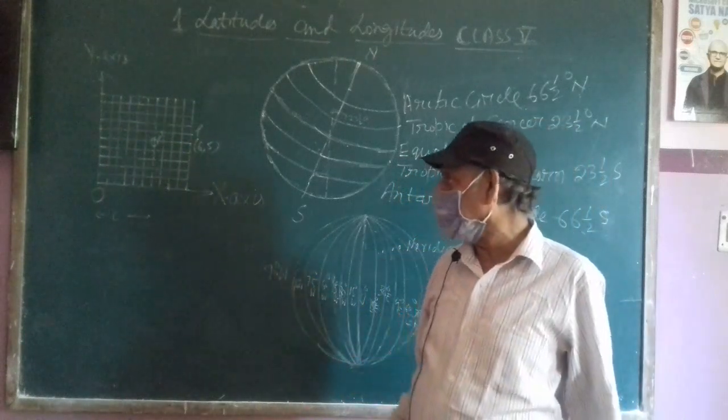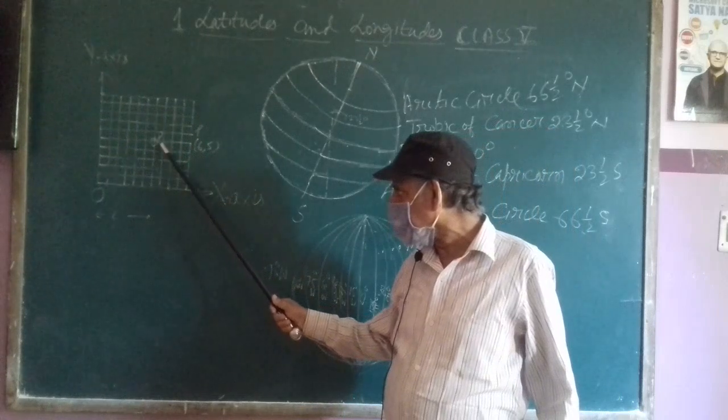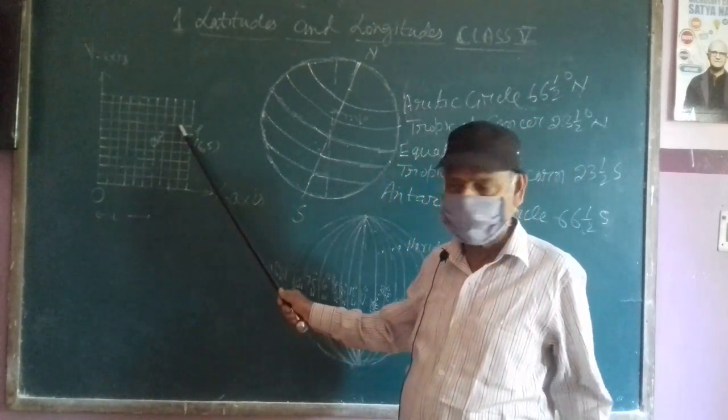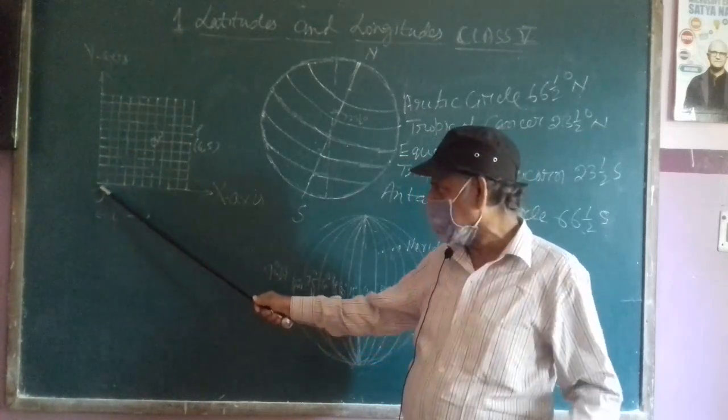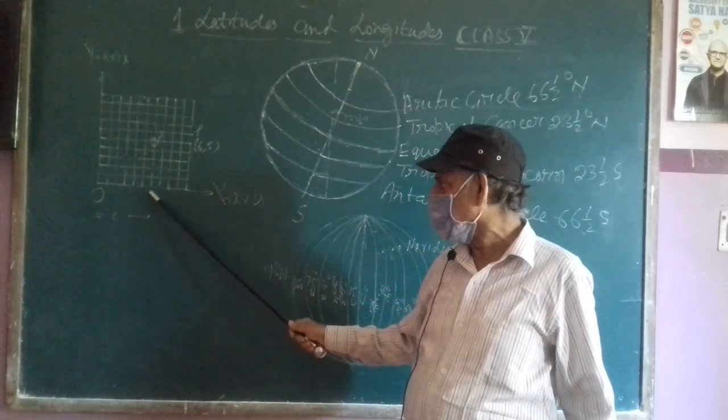So you can locate any point. I have written here P. This point, how can you locate it? How can you tell about this point P? If you go horizontally, you see 1, 2, 3, 4, 5, 6.